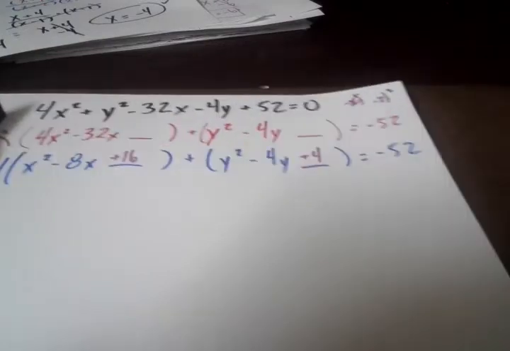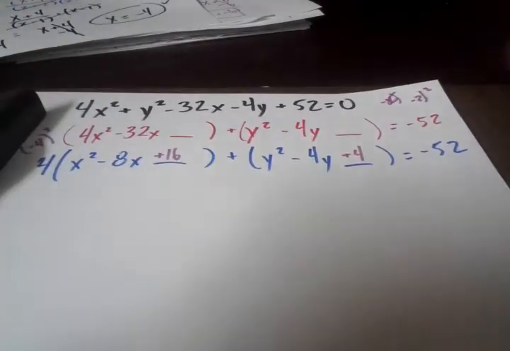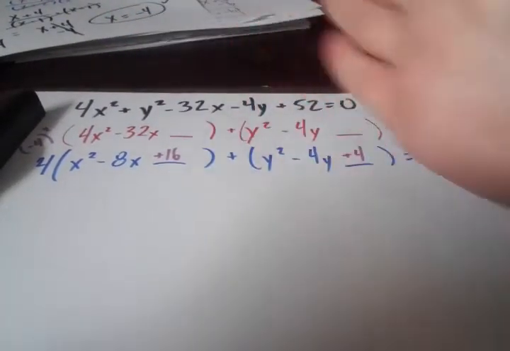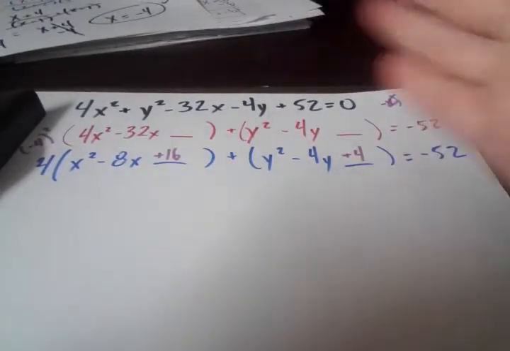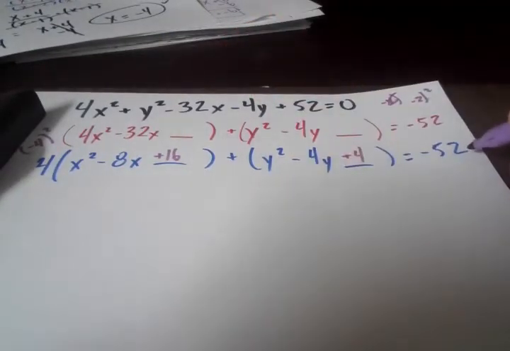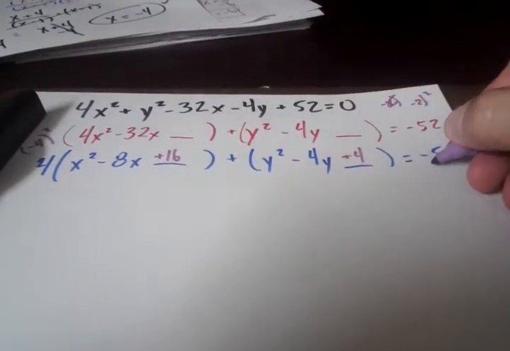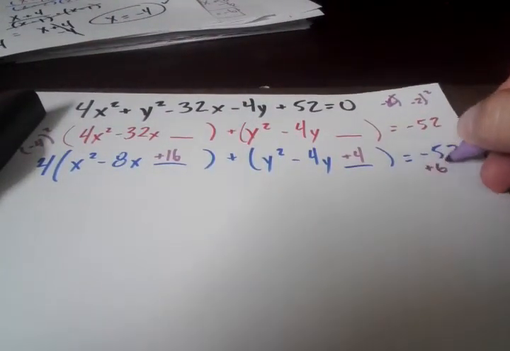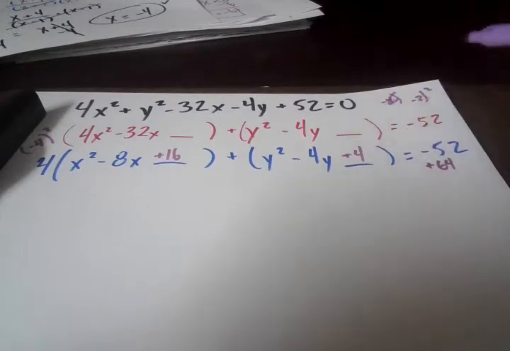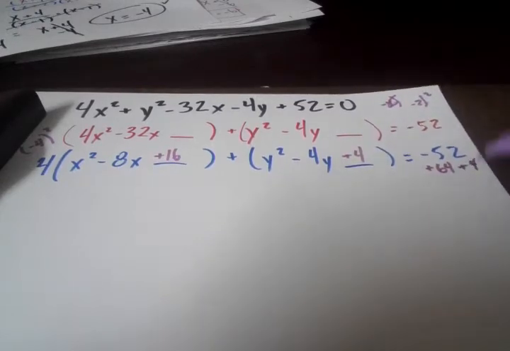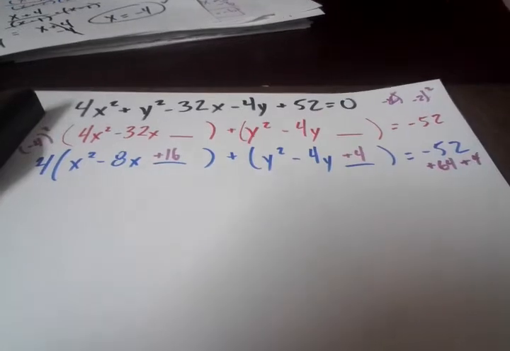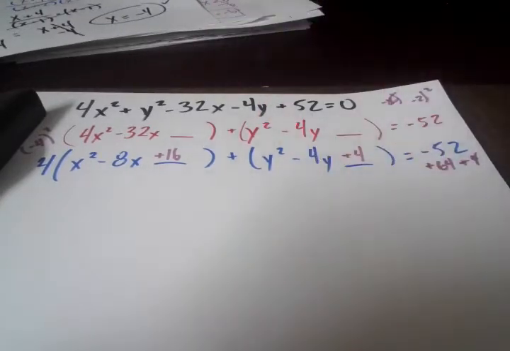Now remember, if we add 4 times 16 to the left and a 4 to the left, we have to do that over here as well. So 4 times 16 is plus 64, right? And then we have another plus 4 here as well. Remember, we can't just add numbers to one side of the equation without also doing it to this side.